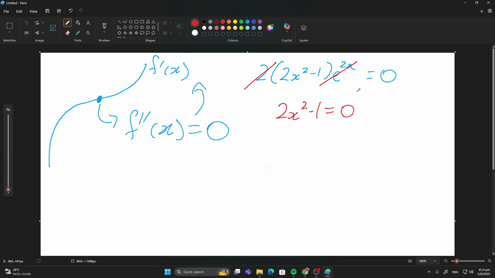You know what, I'm not going to include this. I don't know whether I'm right or wrong to include or exclude it, but the concept is there. So this is basically plus minus 1 over root 2. So when x is either of these two coordinates, that is when my concavity changes.